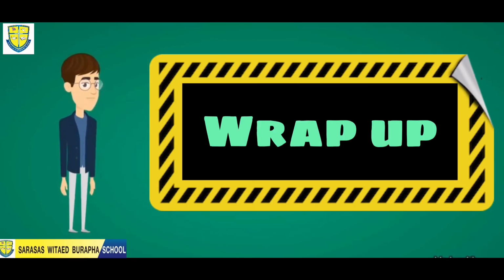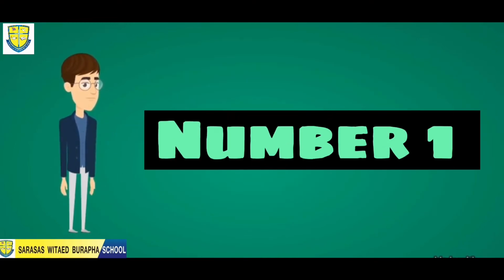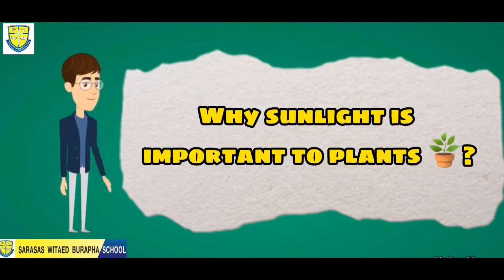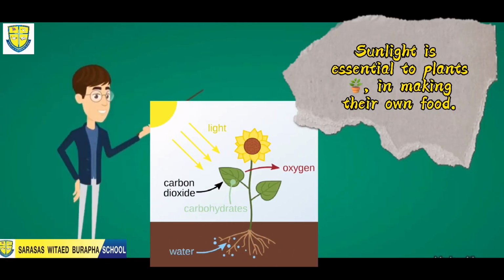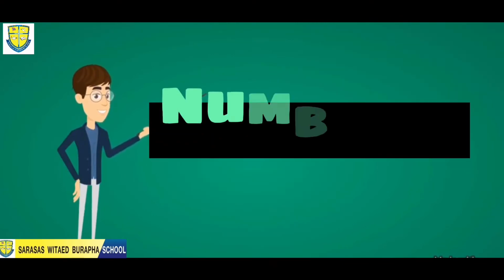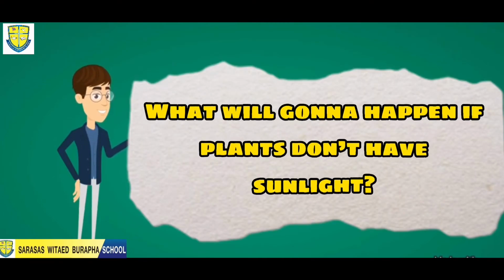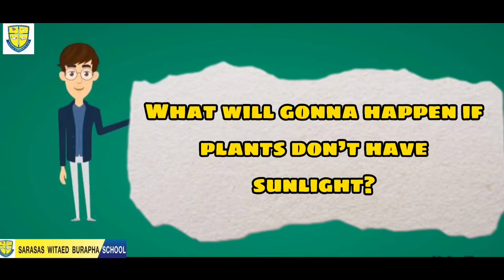Let's wrap up our topic for today. Question number 1. Why is sunlight important to plants? Sunlight is essential to plants because they use sunlight in making their own food. Question number 2. What will happen if plants don't have sunlight?